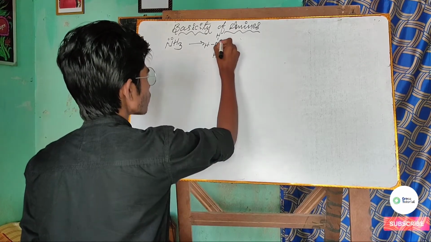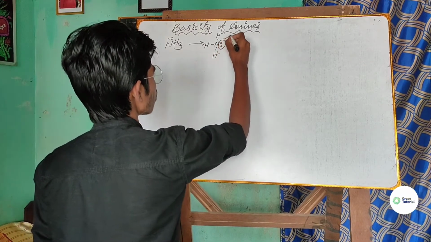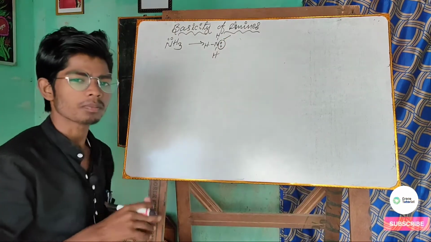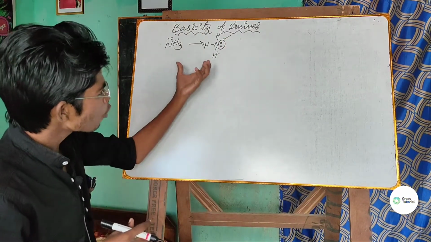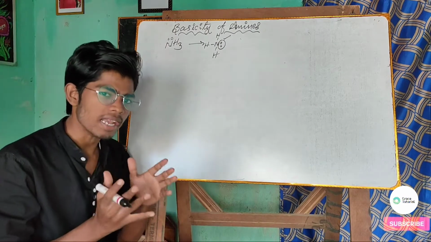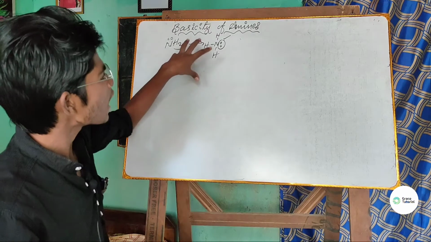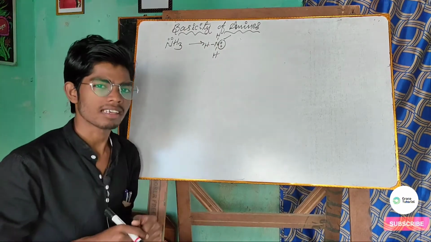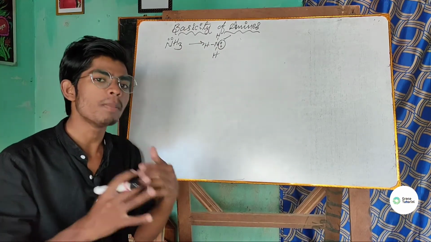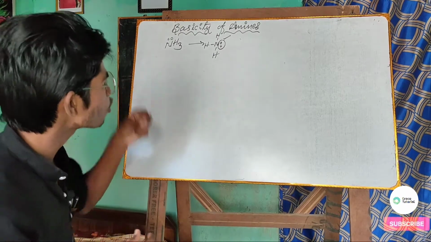Due to the presence of the lone pair of electrons on the nitrogen atom, ammonia acts as a base. Similarly, the basicity of the amines can also be explained. That means the amines are also basic in nature, just like ammonia.